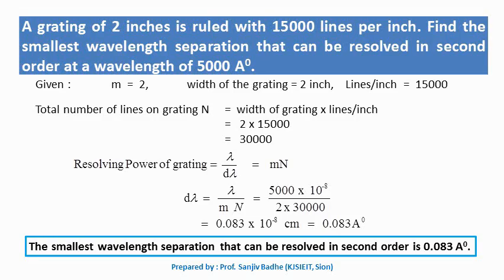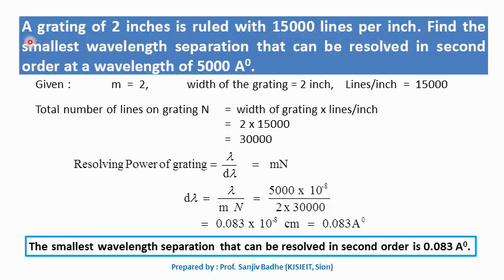This is one more. In this, what is asked is the smallest wavelength separation that can be resolved in second order at a wavelength of 5000 angstroms. So a grating of 2 inches is ruled with 15,000 lines per inch.